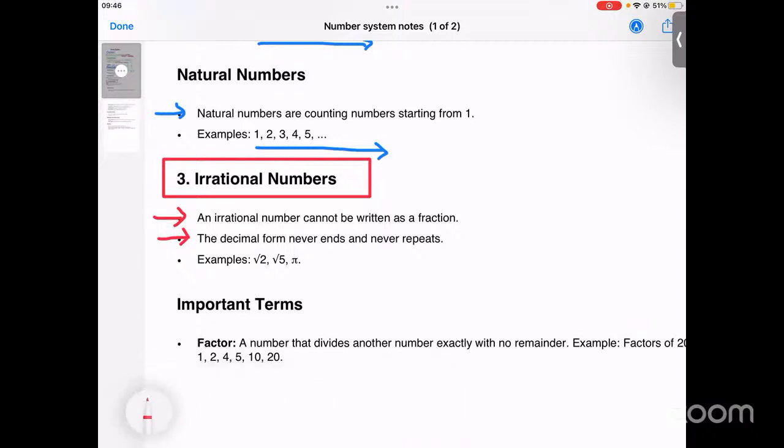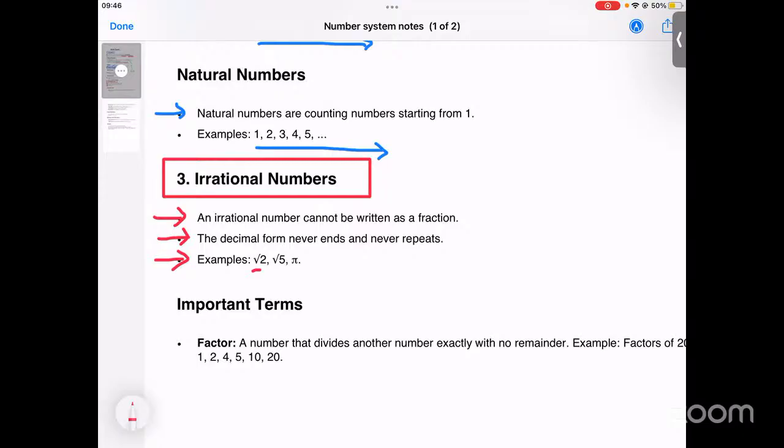Examples would be if you punch the square root of 2 on your calculator and convert it to a decimal. It gives you 1.414213562. Yes, can you see? It is that long number.